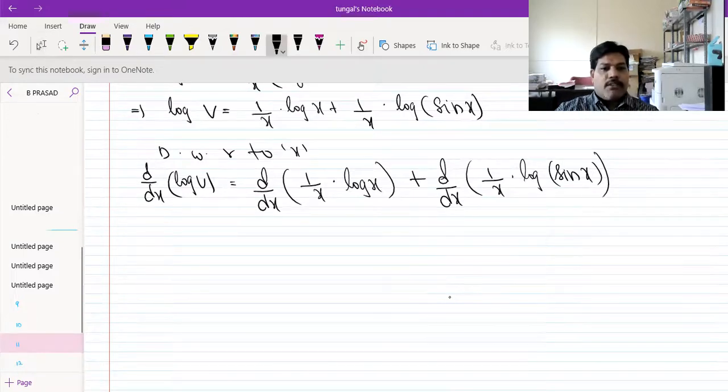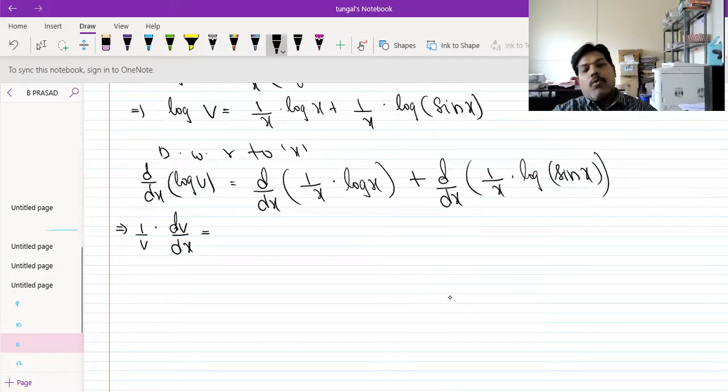What is the log v derivative, students? 1 by v into dv by dx is equal to the derivative of 1 by x into log x.